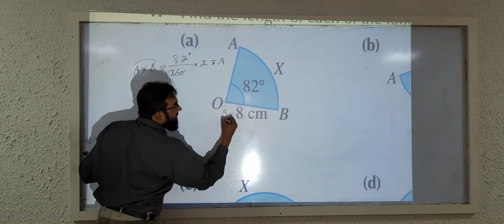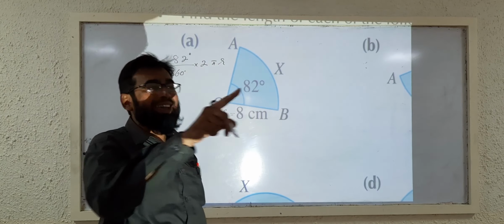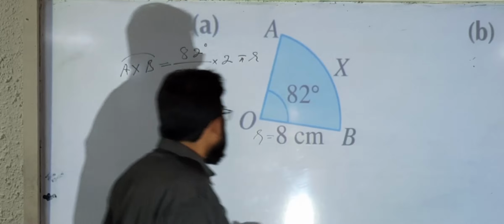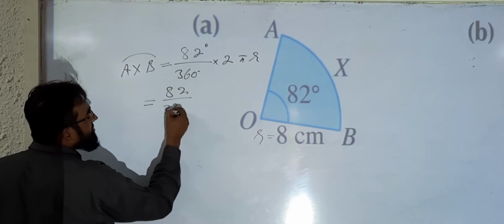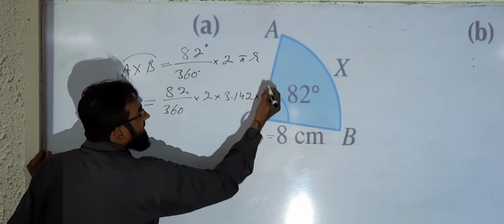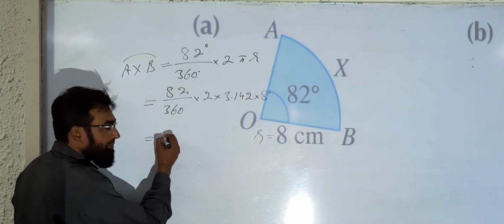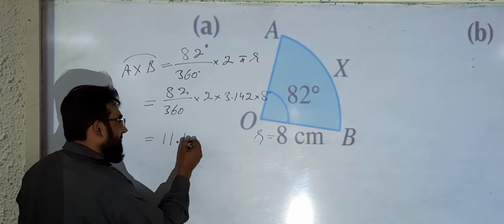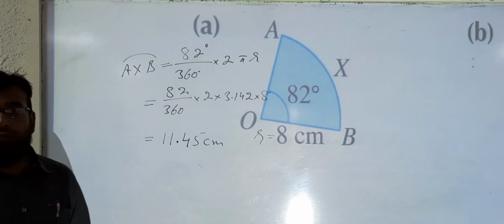R is the radius of the circle, which is 8 centimeter, and for a single circle the radius throughout remains the same. After calculation, applying the value 82 over 360 into 2 into pi value 3.142 and the radius 8, we get 11.45 centimeters. So this is the length of arc.